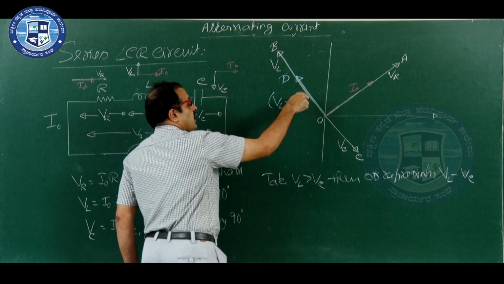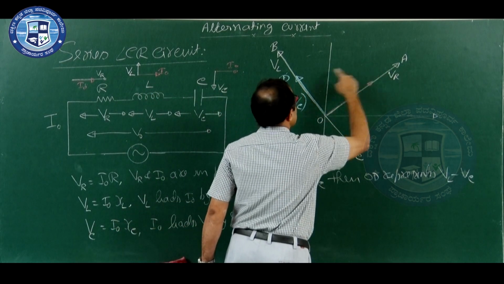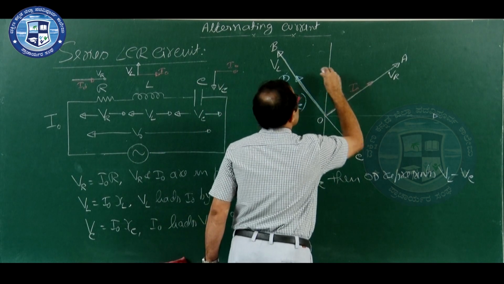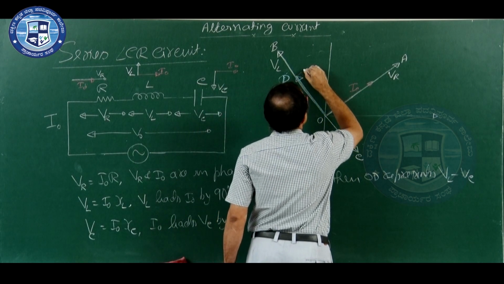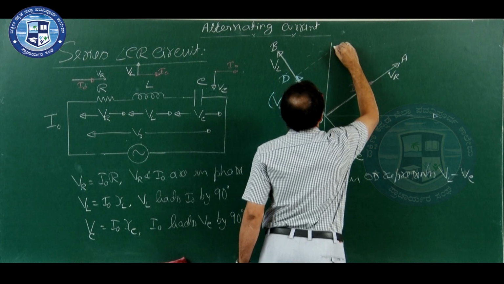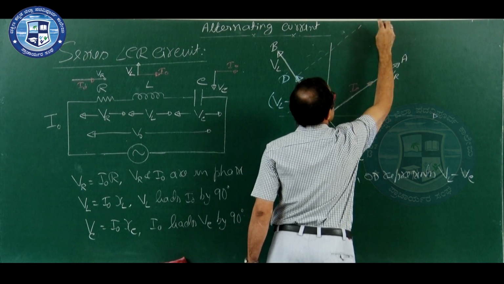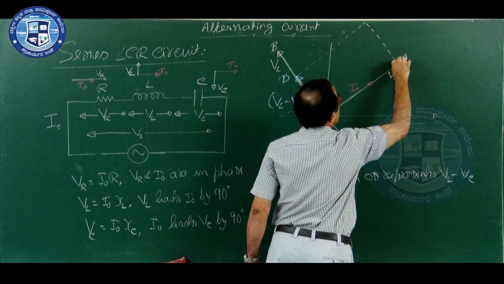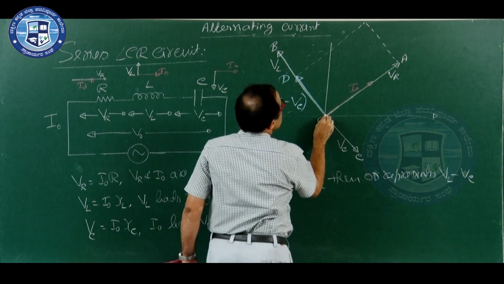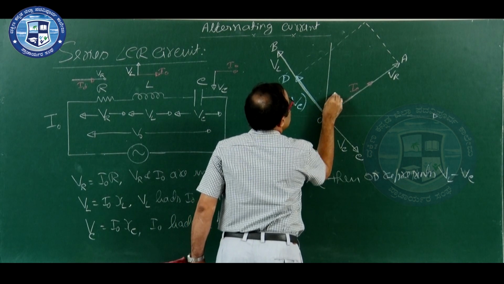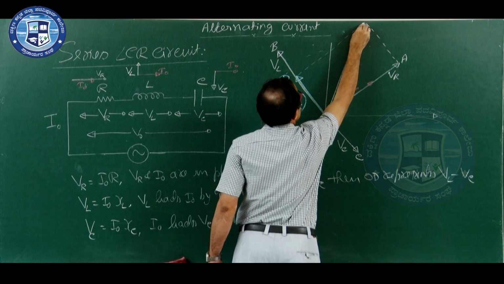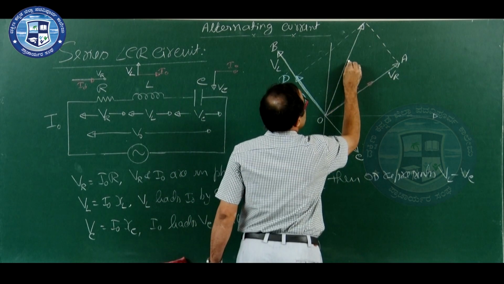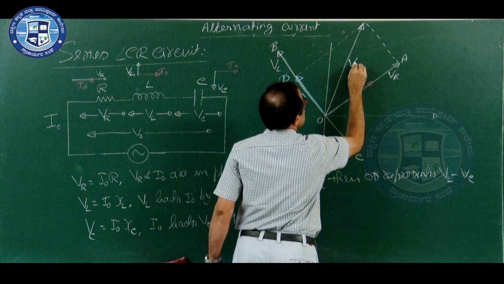This vector and VR, again we try to find their resultant. So, how to find their resultant? It is by completing the parallelogram. If you complete the parallelogram, then the diagonal gives the resultant. So, it is the resultant of VR, VL and VC, it is nothing but V naught.